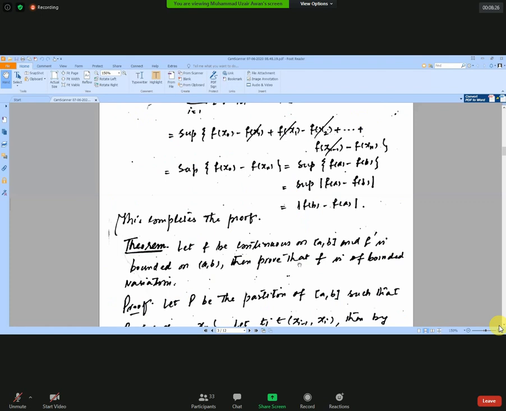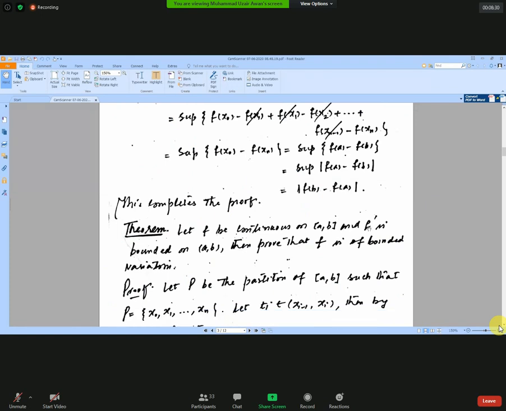जी, हमारे पास थ्योरम था कि let f be a continuous function on the interval ab and f dash is bounded on the open interval ab, and we have to prove that f is of bounded variations। ठीक हो गया?